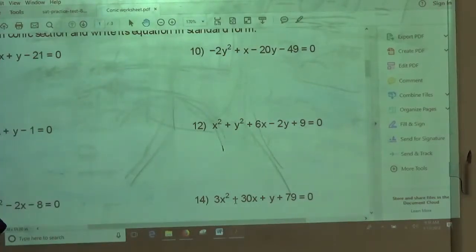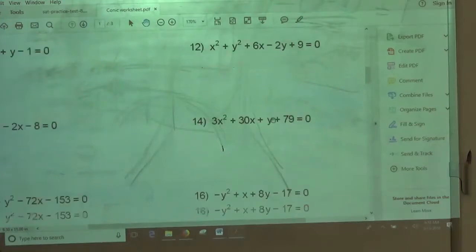All right, now, let's skip down to 12, just because I'm going to go back and forth. So let's look at 12. All right, what do you notice? X squared and y squared? Both the same, so it is a circle, all right?